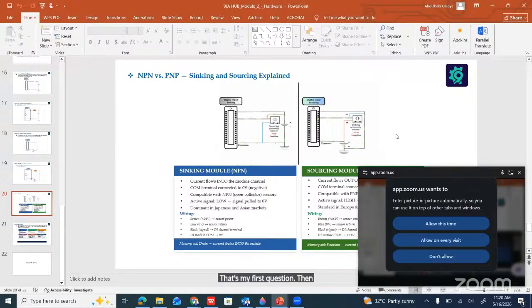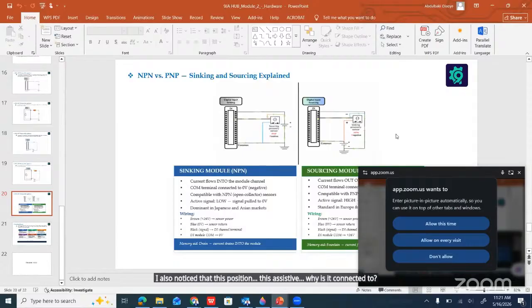My second question is, I noticed that this positive is connected to the proximity sensor, the sourcing proximity sensor, in the digital input wiring. I also noticed this positive, where is it connected to?